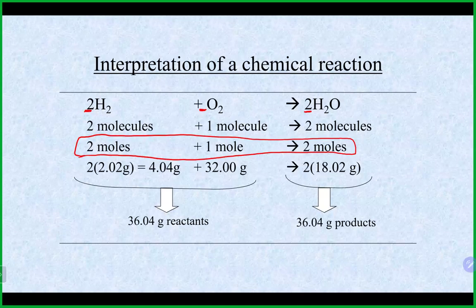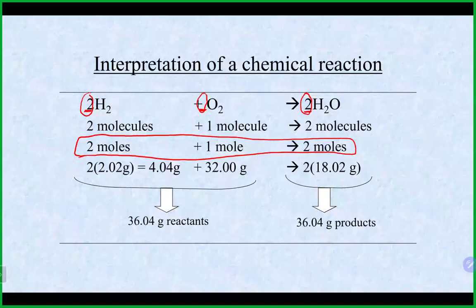We could just use the coefficients and say for every 2 moles of H2, we react 1 mole of O2 and that gives us 2 moles of H2O. There is no magical thing here in terms of where we're getting those numbers. It is simply the coefficients from the balanced equation.